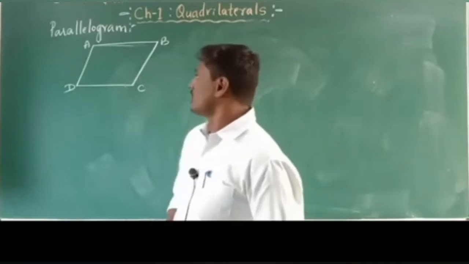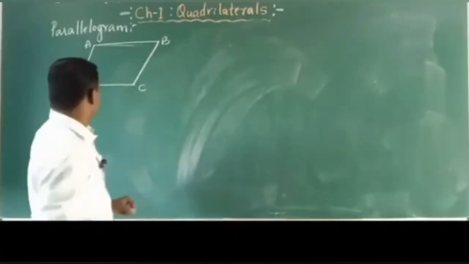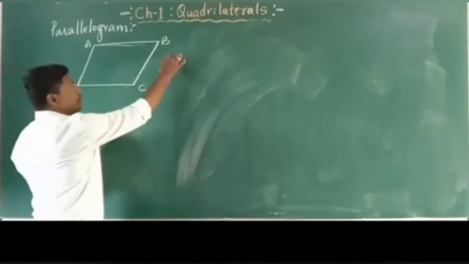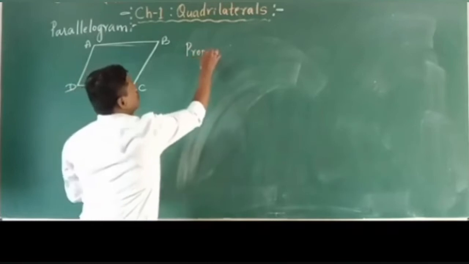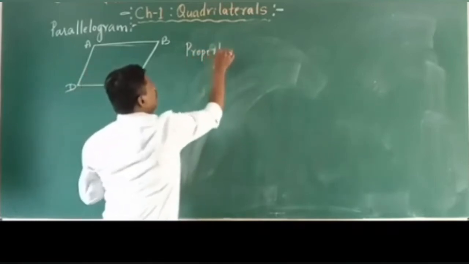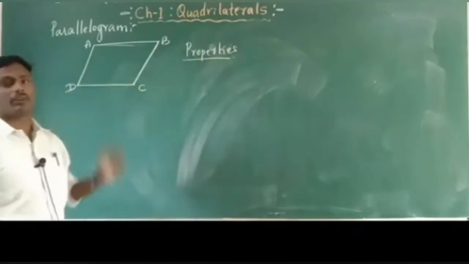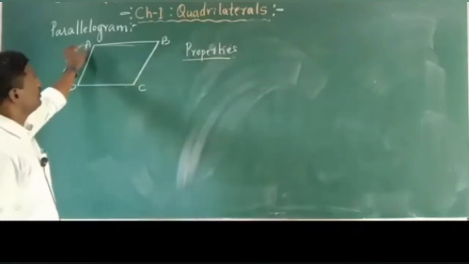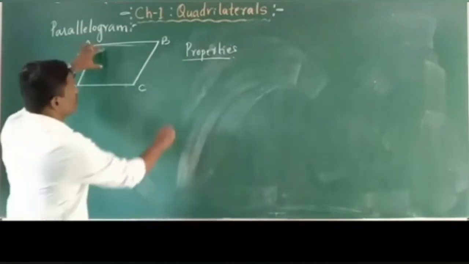The opposite sides are equal and parallel. Okay. Next one. So first property, what are the properties of parallelogram? We are discussing some basic properties related to the polygon, right? Opposite sides are equal and parallel. So what are the opposite sides?